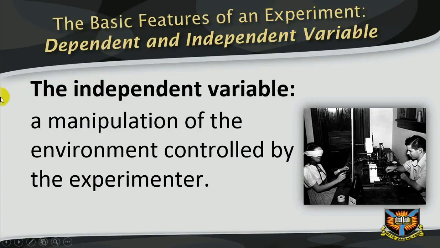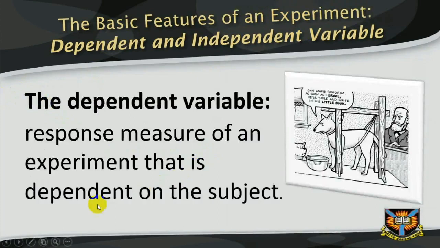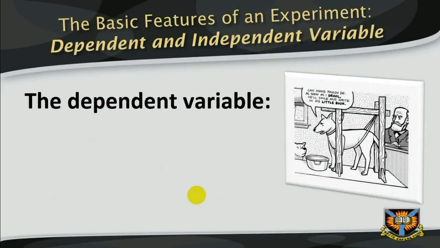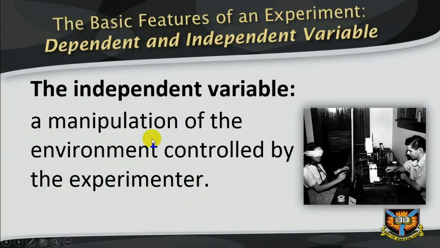The dependent variable is the response measure of an experiment that is dependent on the subject. In this case, the time that elapsed until someone else sits down at the table is the dependent variable or response measure. The independent variable, however, is a manipulation of the environment controlled by the experimenter.